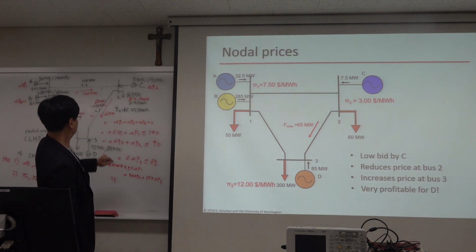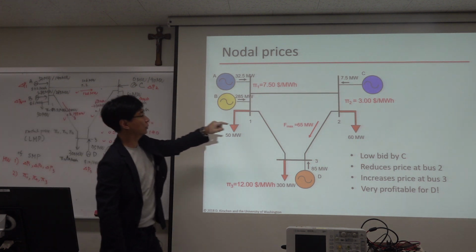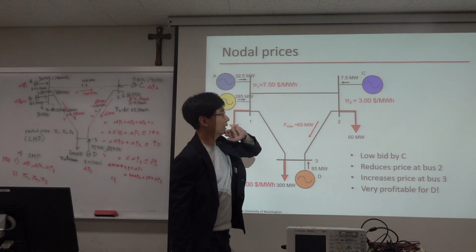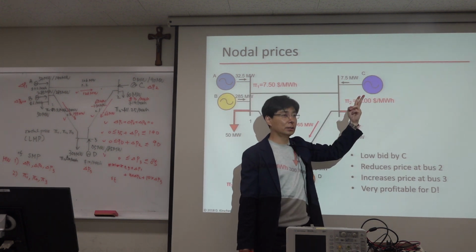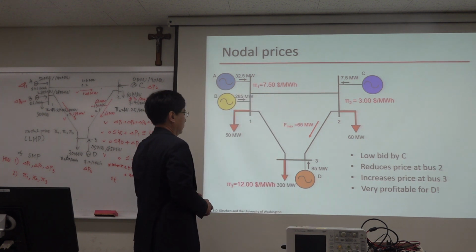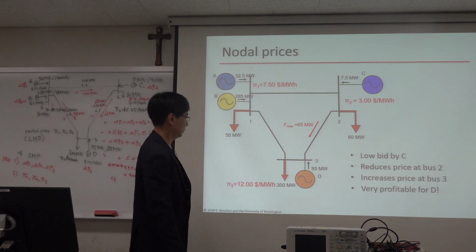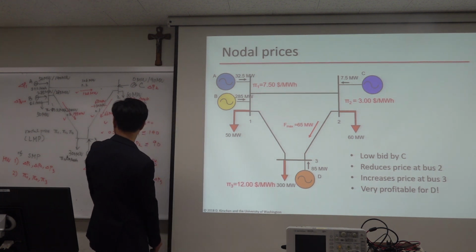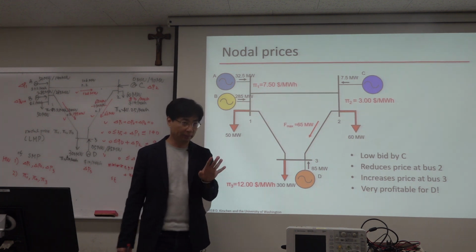Pi 2, where is it? It's reduced from 11.25 to 3. That's kind of obvious because the marginal cost of generator C is $3. And the marginal cost of bus 3 is increased from 10 to 12. Check it. Okay.